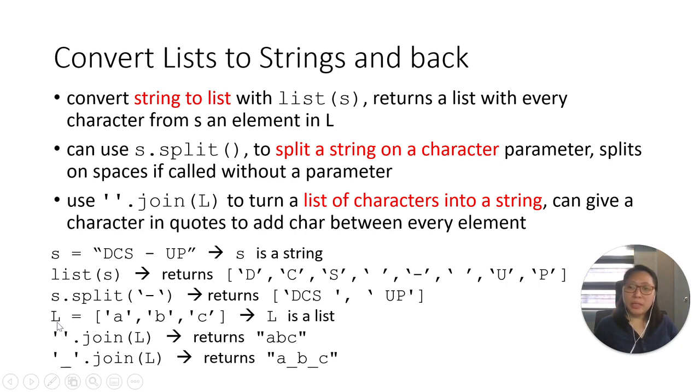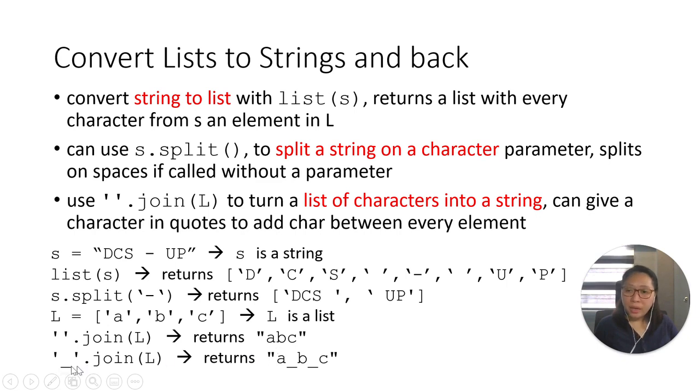And here, let's say we have a list L, and L is assigned the list A, B, C. So here L is a list, and if we do .join, this returns a string.